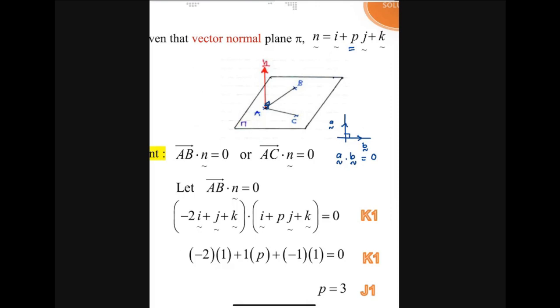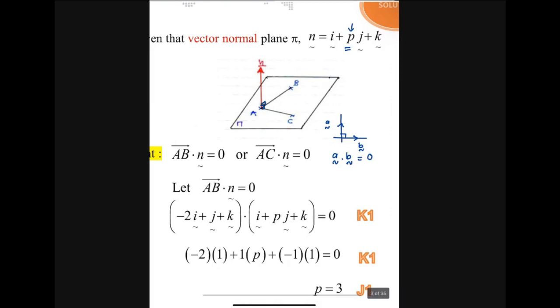Now we already have the normal vector, but we have a problem with the constant p. Then we have to find one direction vector. It can be any direction vector, so you can use AB or AC or BA or CA. Any points that you want to find the direction vector is fine.